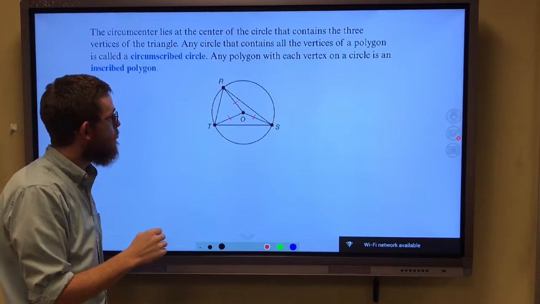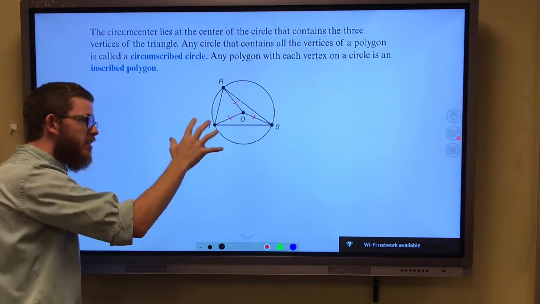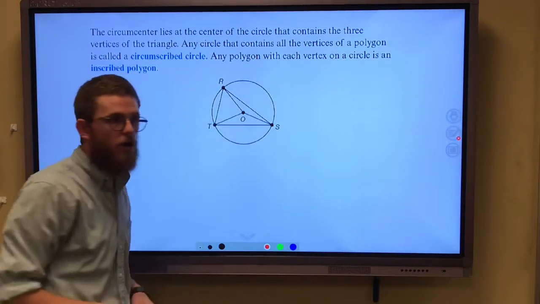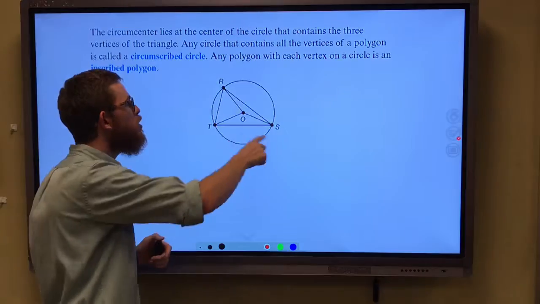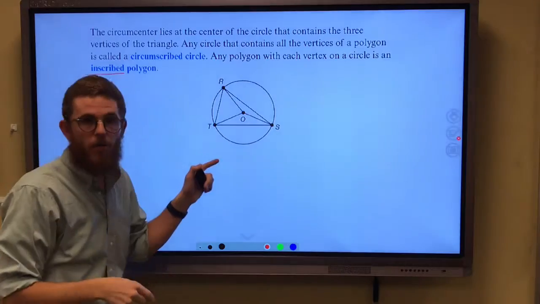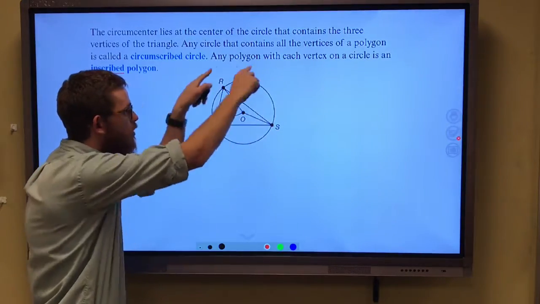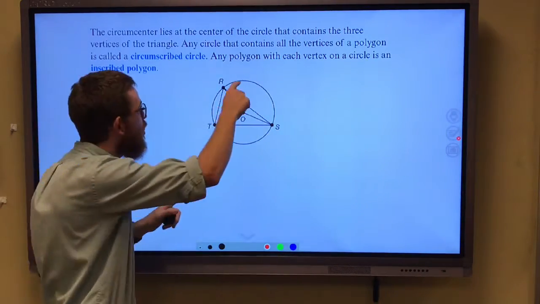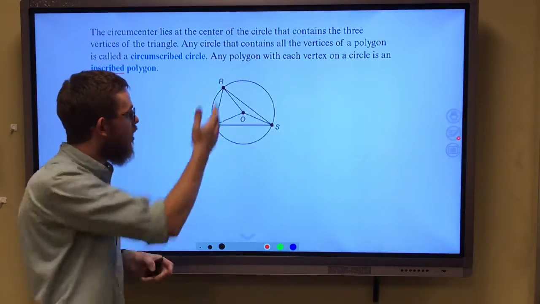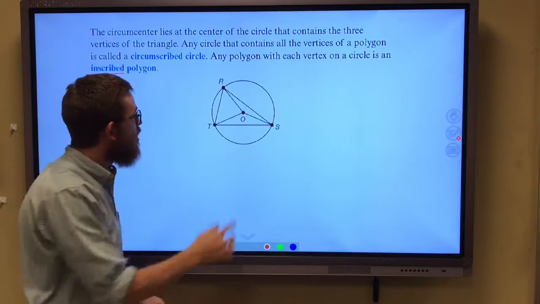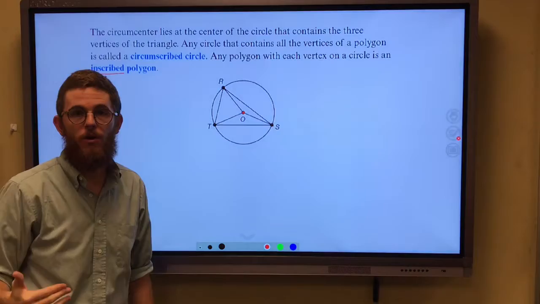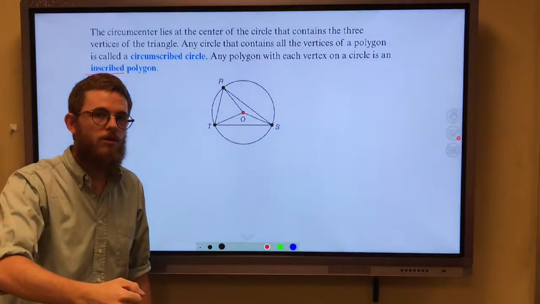Now, the circumcenter is actually also special because if we were to inscribe our triangle in a circle, draw a circle to where each of the 3 points of our triangle is on the circle, then the circumcenter would be not only the center of our triangle, it would also be the center of our circle.